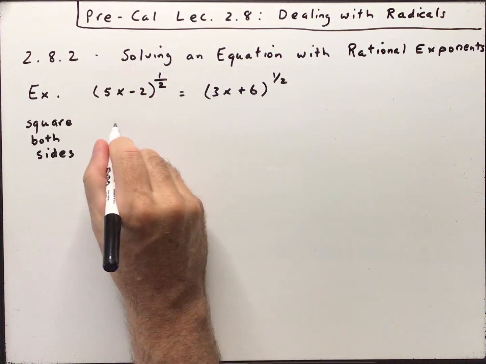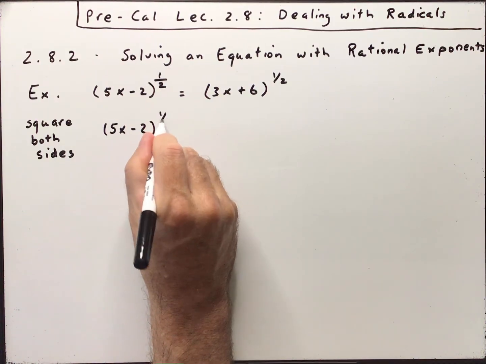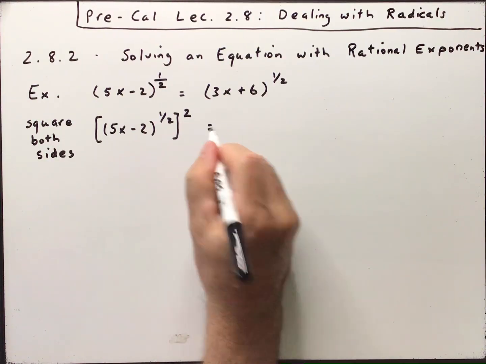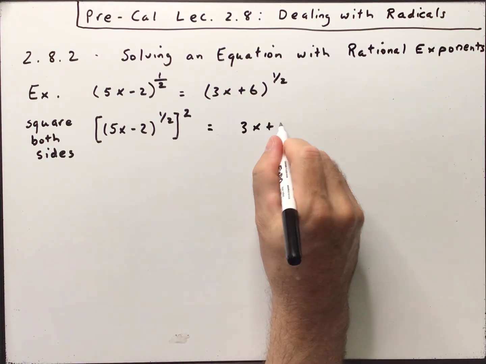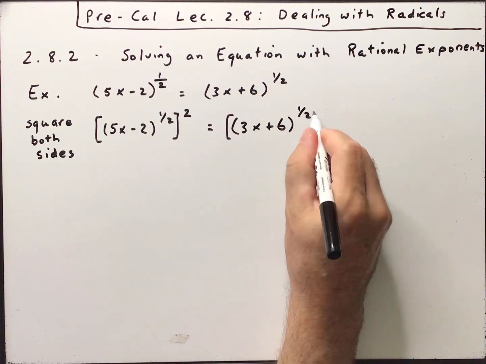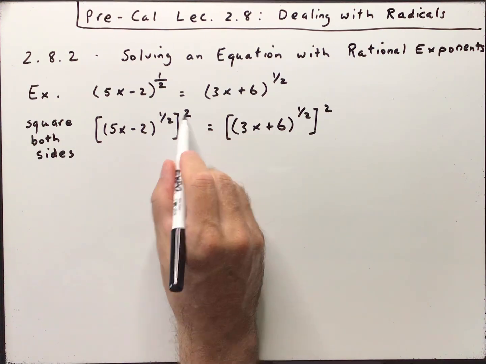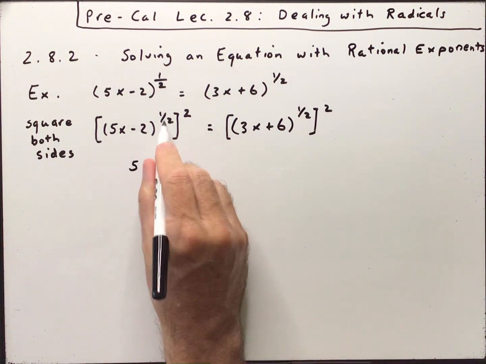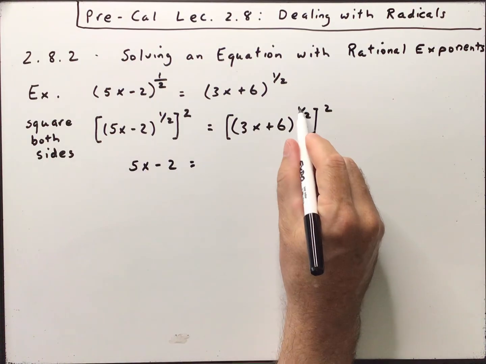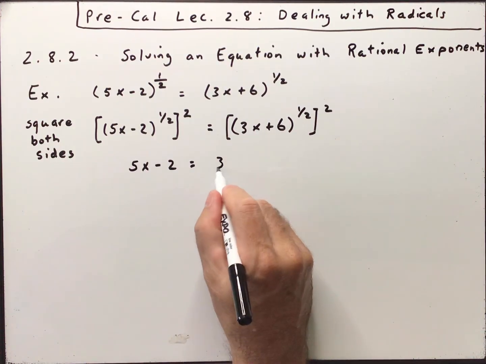All right, if we do that, we've got 5x minus 2 to the 1/2 all squared is equal to 3x plus 6 to the 1/2 all squared. Now when you raise a power to a power, you multiply. 1/2 times 2 is 1, so that ends up getting rid of the fractional exponent, and we just have 5x minus 2. Same thing over here, a half raised to the second power, 1/2 times 2 is 1, so 3x plus 6.